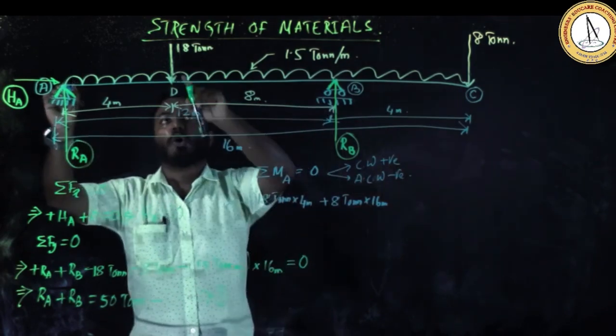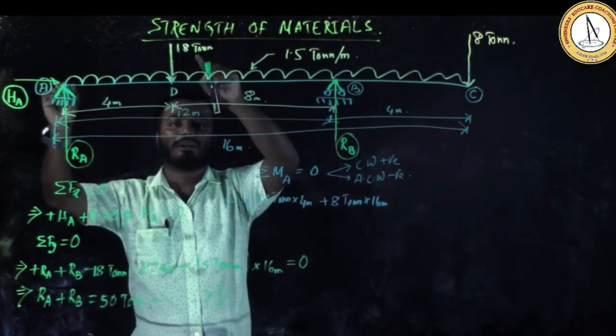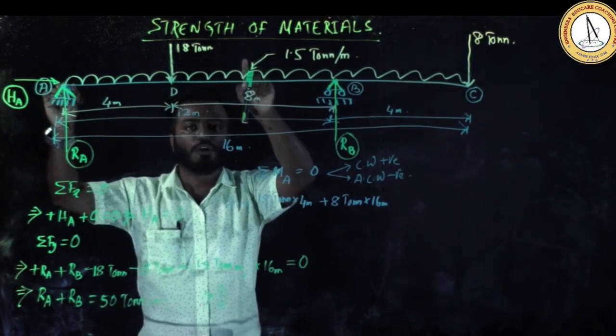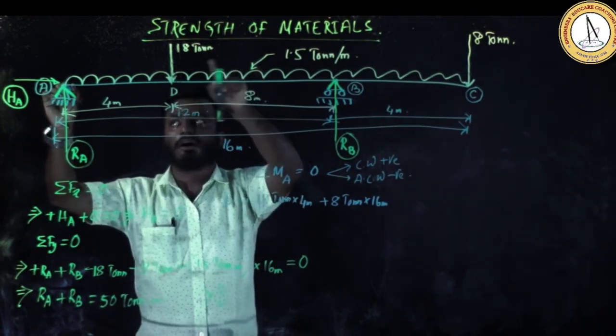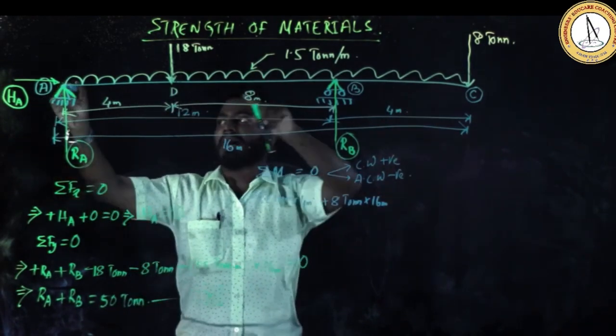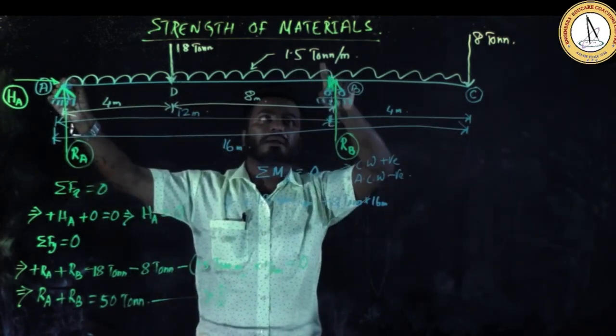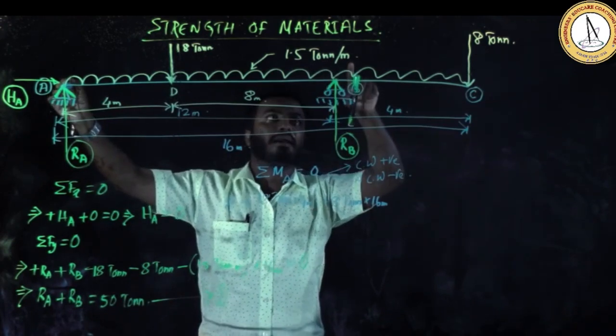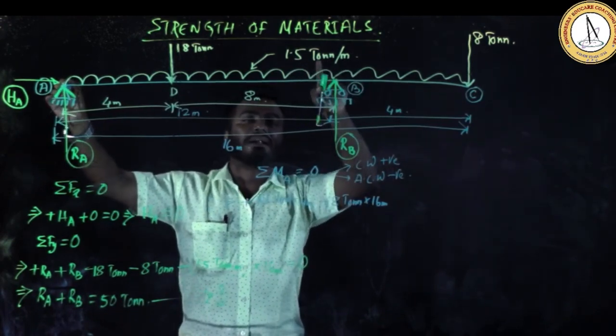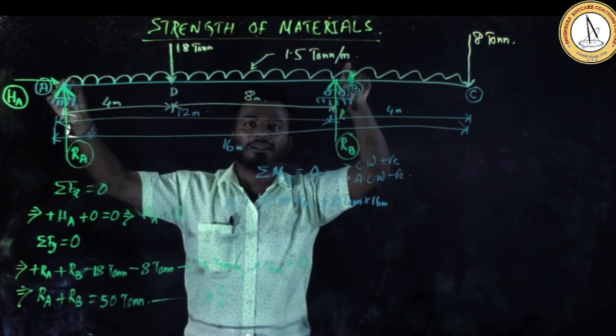I am again telling you, whenever I will convert the UDL into a single point load, that single point load will act at the CG of the loaded area. Now this is my loaded area, which is 1.5 ton is occurring at 1 meter. Now if I convert 1.5 ton into 16 meter, how much amount of load?